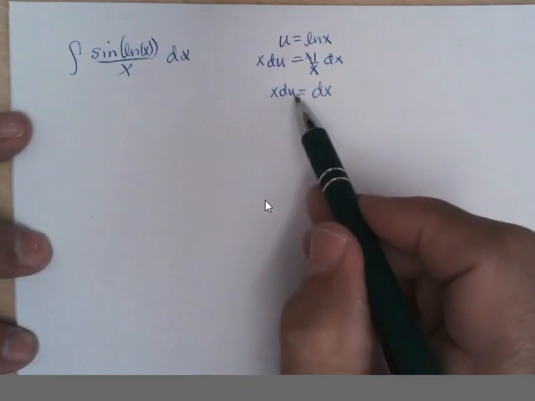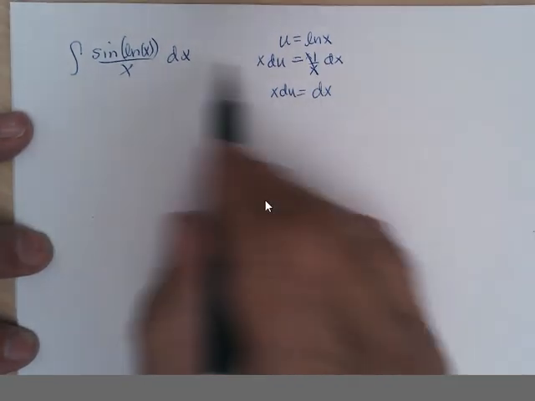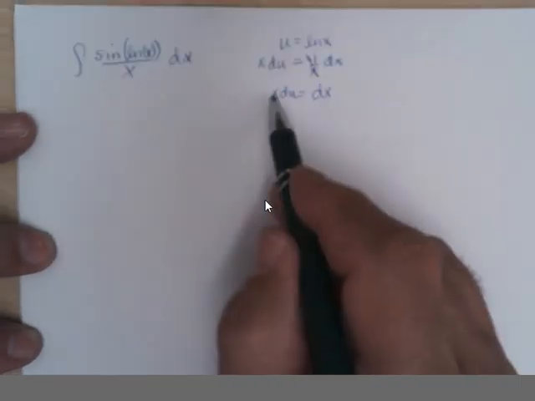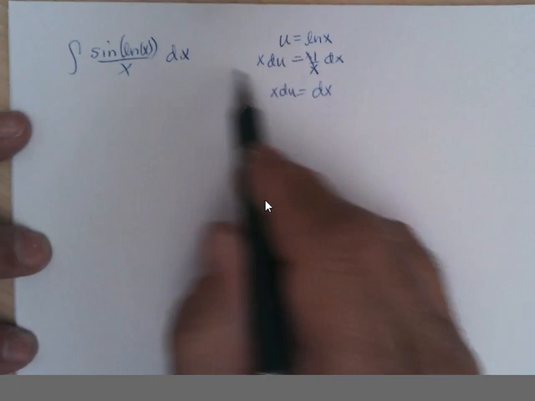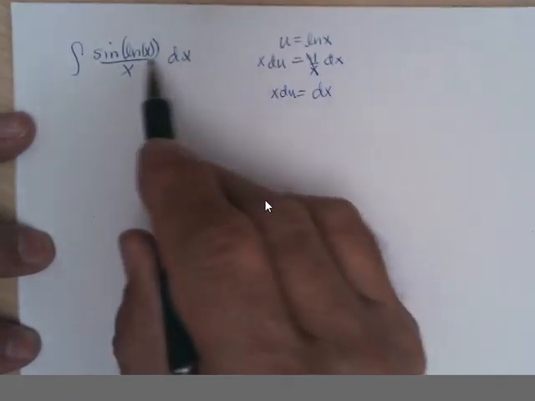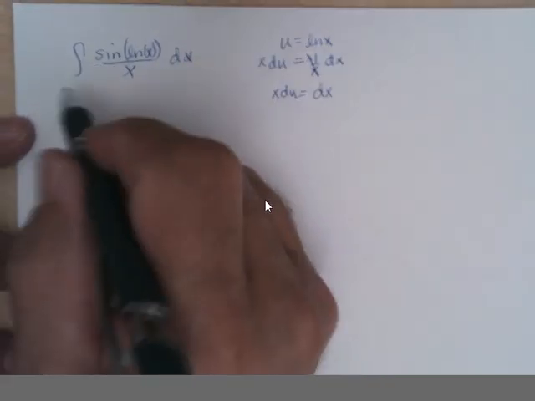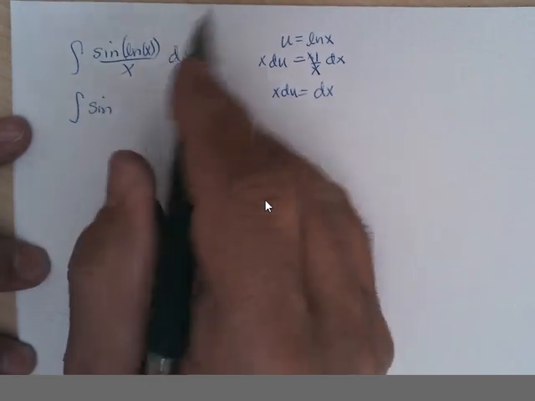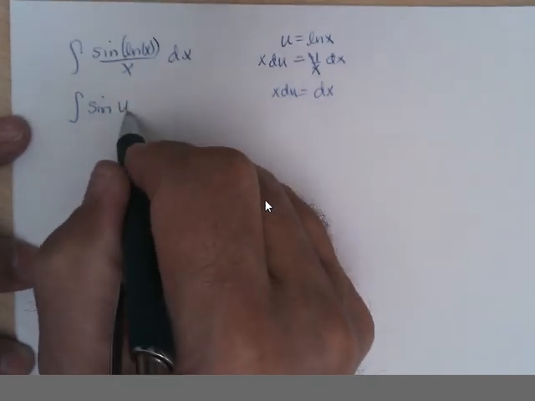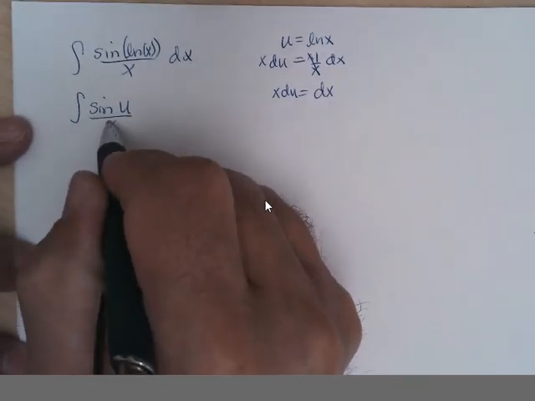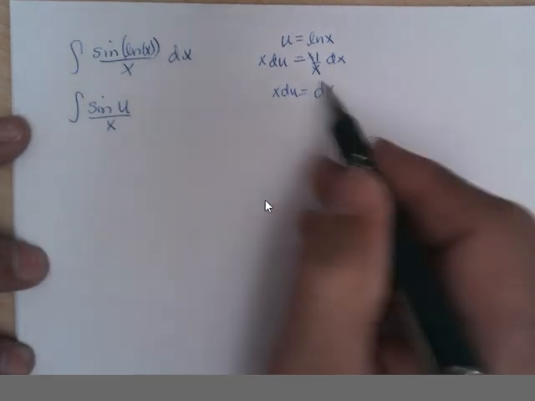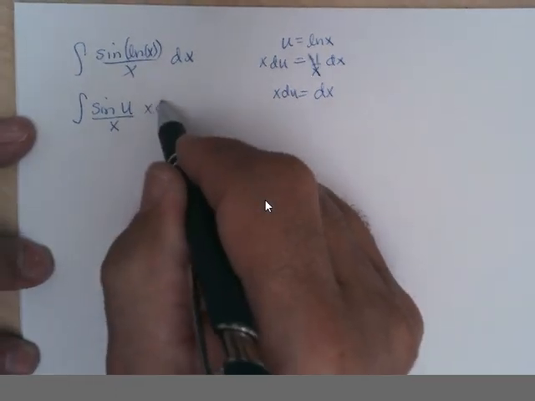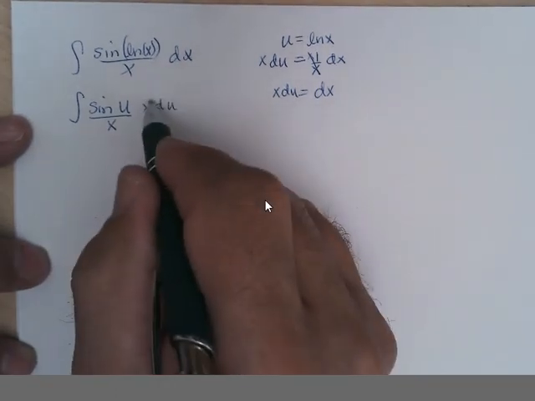And some of you might be thinking ahead and saying, when I replace dx with x du, the x on this is going to cancel here. But let's see that happen here. This would turn into the sine of u. Didn't do anything for the x. And dx becomes x du, and sweetness.